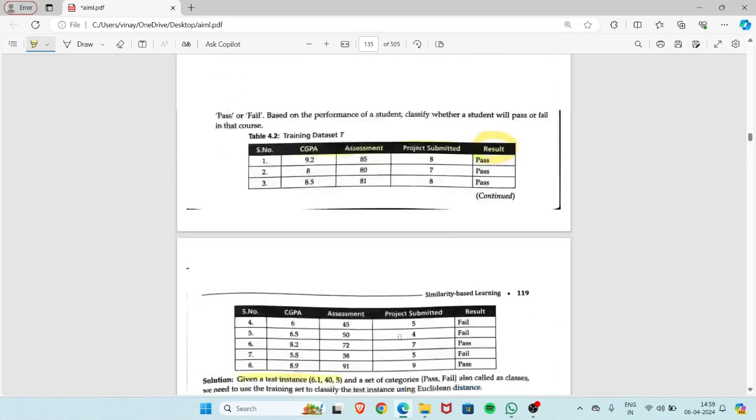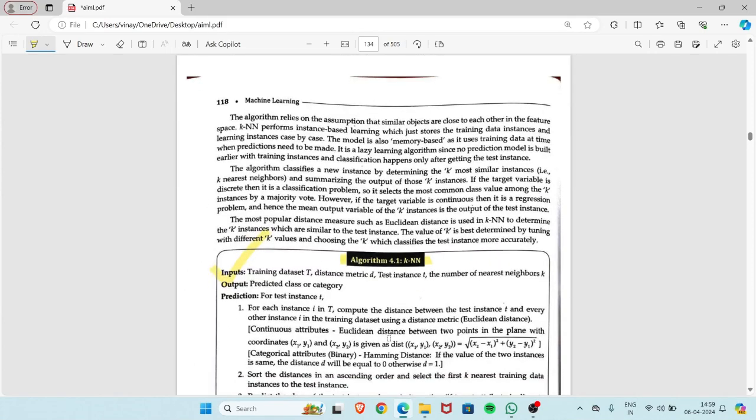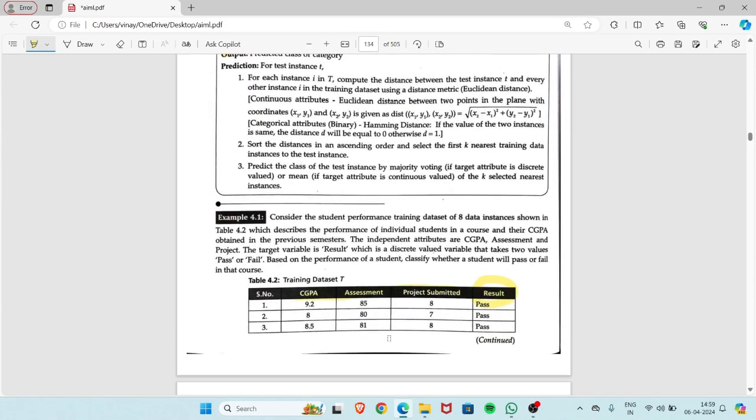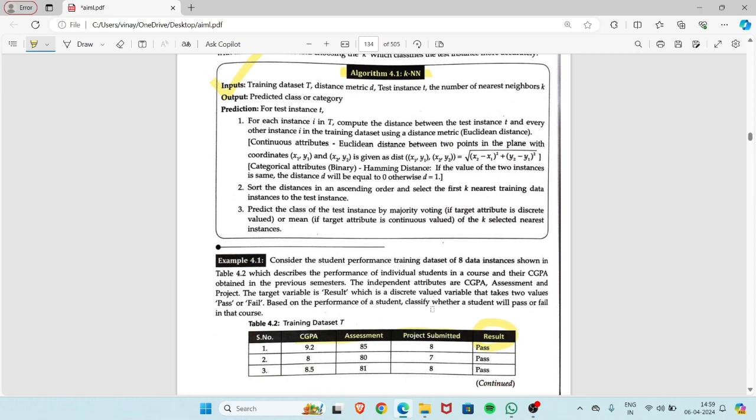So this is all about the KNN algorithm. In KNN, you are given a training data set in the question itself. The K value and the test instance are also given. Based on that, you have to find the predicted class or category. First, calculate the Euclidean distance.